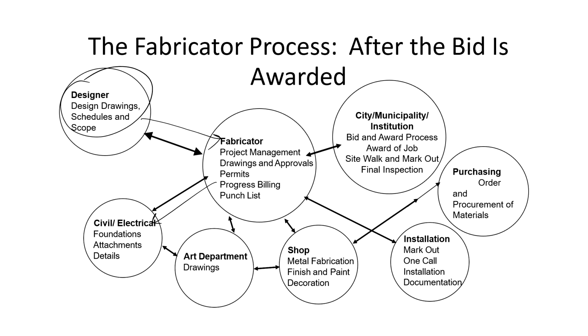During this installation, markouts and utility location calls are also made to ensure accurate and safe placement. The documentation and compliance with regulations are managed by the fabricator, who also participates in the bidding process and secures the contracts.